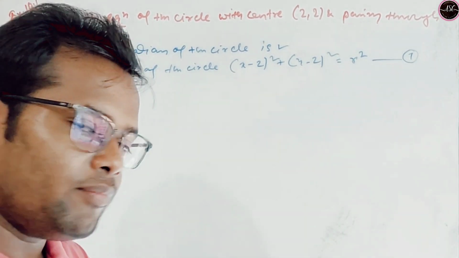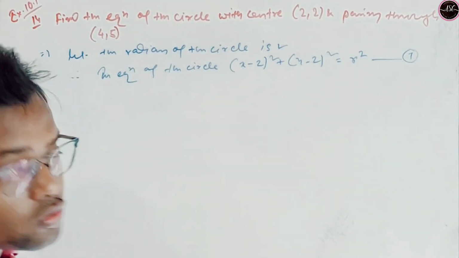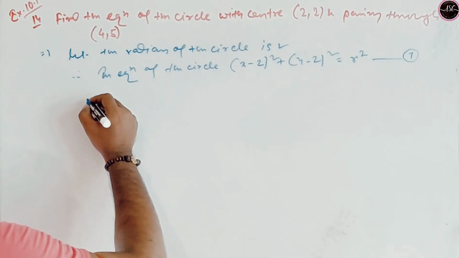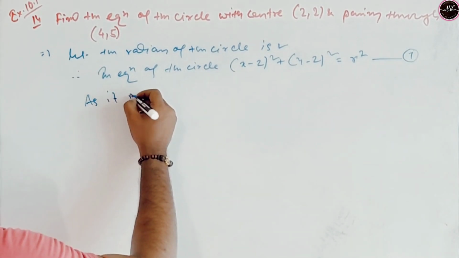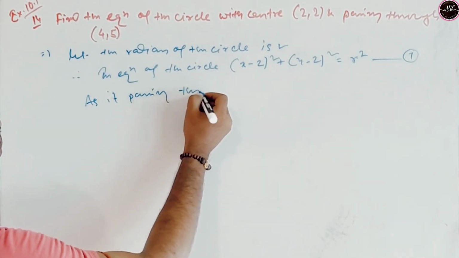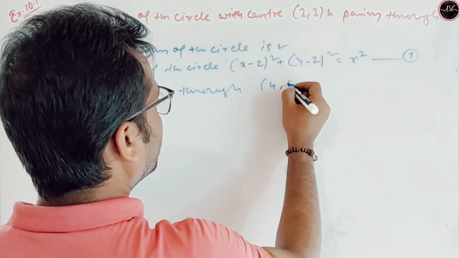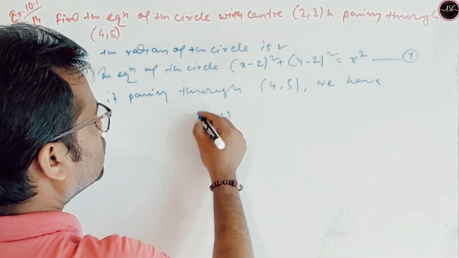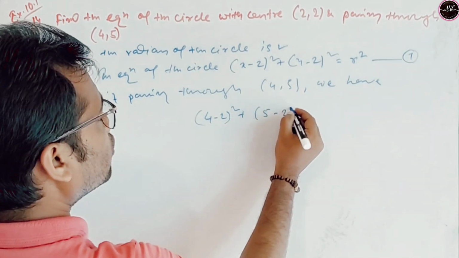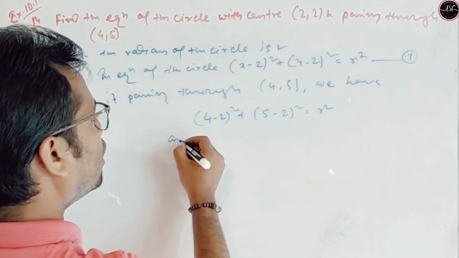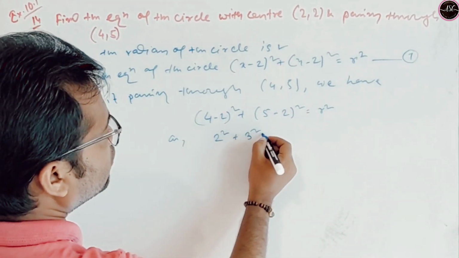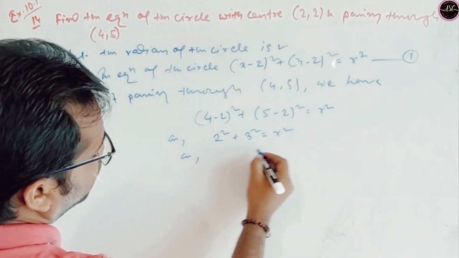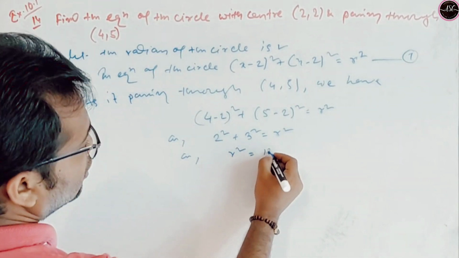Now the circle is passing through (4, 5). So the point (4, 5) will satisfy equation 1. Therefore we have (4 - 2)² + (5 - 2)² = r², or 2² + 3² = r², or 4 + 9, that means r² = 13.